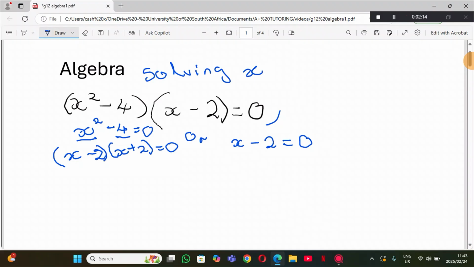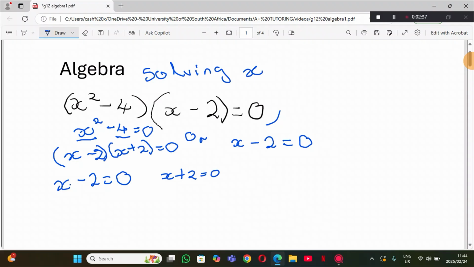Here I do the very same thing I did at the start, where I took one bracket, equated it to 0, took the other bracket, and equated it to 0. So I take the bracket x minus 2 and equate it to 0, and then I take x plus 2 and equate it to 0.